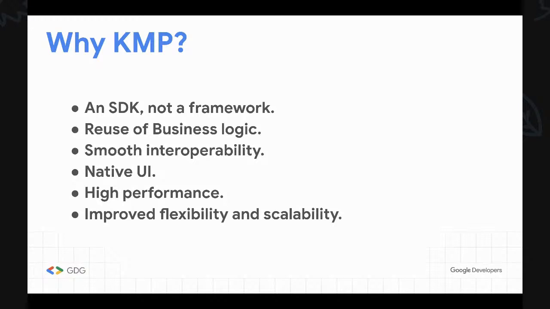And for the sixth one, and not the last and not the least, it improves flexibility and scalability. It allows us to scale application projects and operate without using a virtual machine. So we can create mobile applications while focusing on flexibility and scalability.